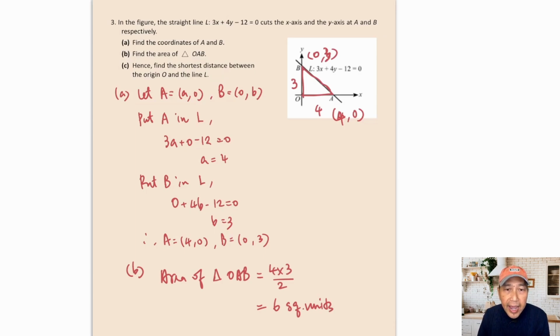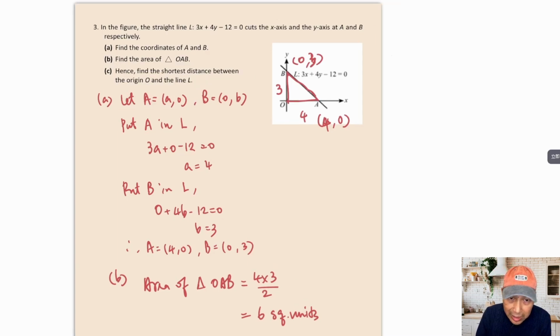Okay, in part C, hence find the shortest distance between the origin O and the straight line L. Before we continue, we need to clarify the meaning of the shortest distance. Suppose that there's a river and this is the river bank. Suppose that you stand here. If you want to find the shortest distance to walk to the river bank, will you walk in this way?